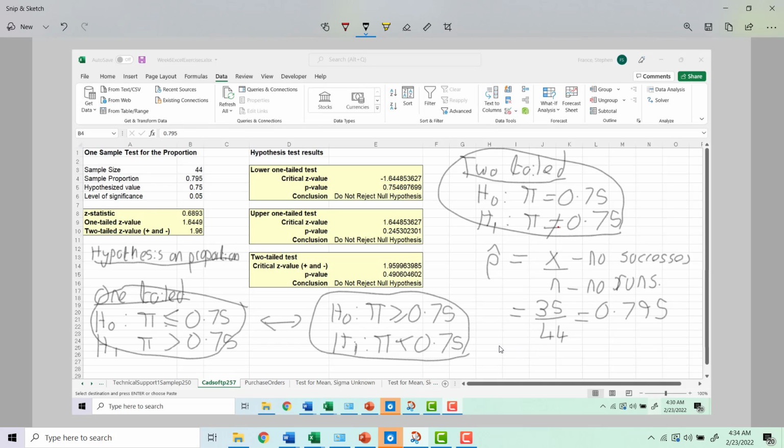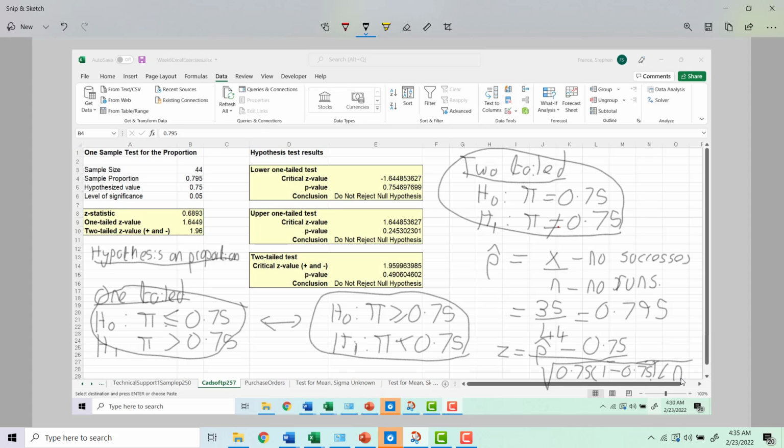And then the book tells you, hey, we have our z, and the z is basically the proportion minus our hypothesized proportion, all over the square root of our hypothesized proportion, divided by n. And again, for the exam, this really isn't a stats class, so I'm not going to ask you to do any of the hand calculations.